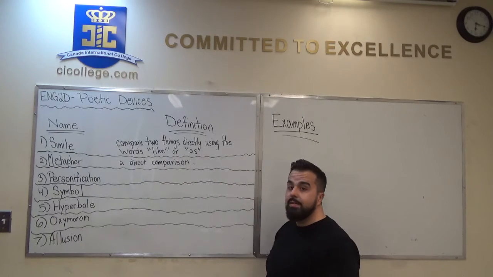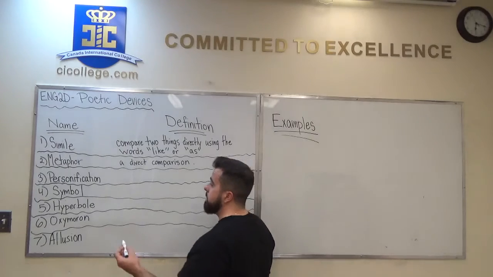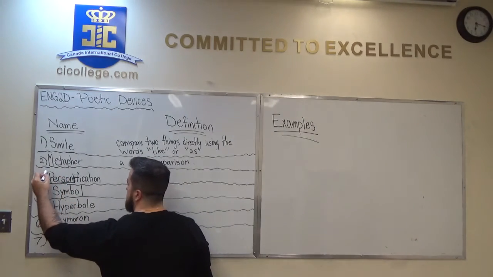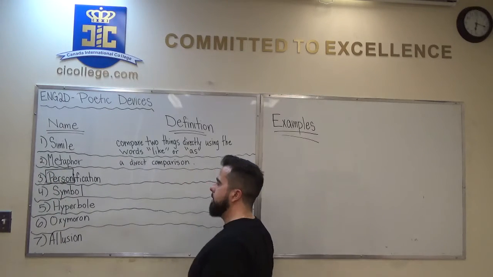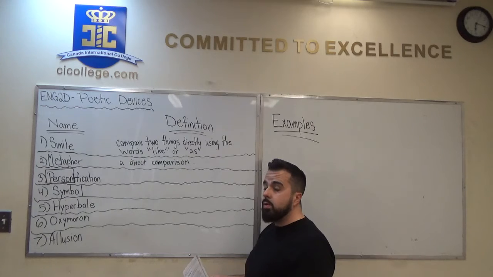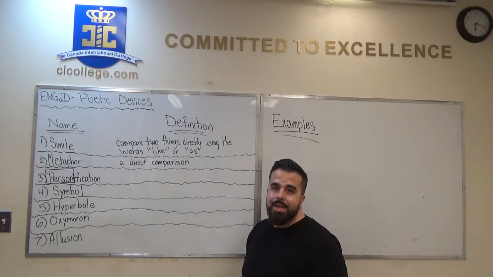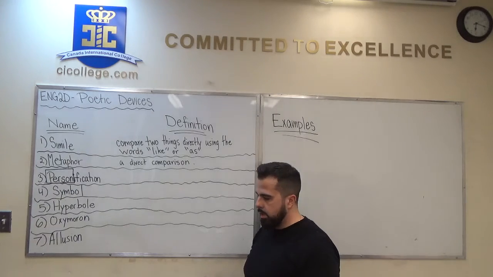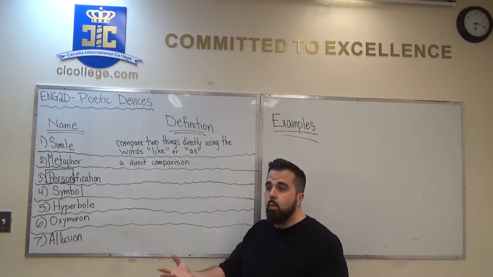Then we have personification. And if we look in the word personification, we see person. Alright, so what does it mean? Personification is when you attribute human qualities to something that is not human. Sometimes when you're watching cartoons, you'll see a cartoon dog and it speaks like a person, walks like a person.